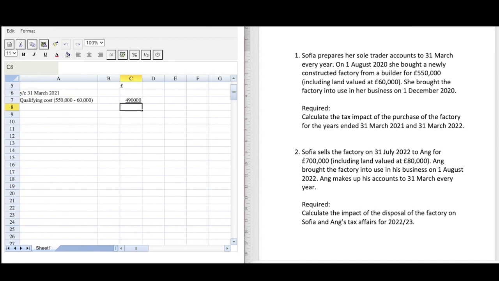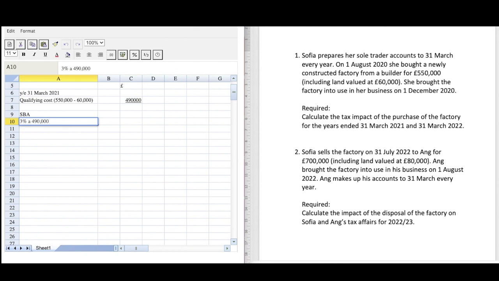Now from that we want to actually work out the allowance amount. So structures and buildings allowance is worked out at a flat rate of 3% per year, but we're going to restrict the amount that can be claimed in this particular period because the factory was only bought part of the way through the period.